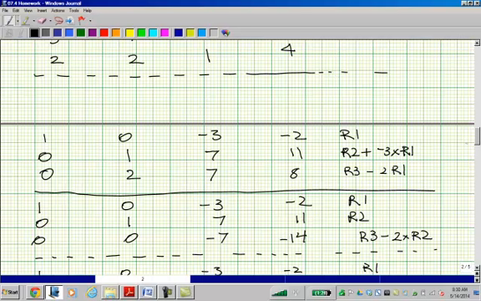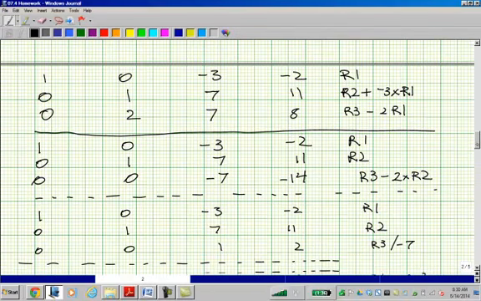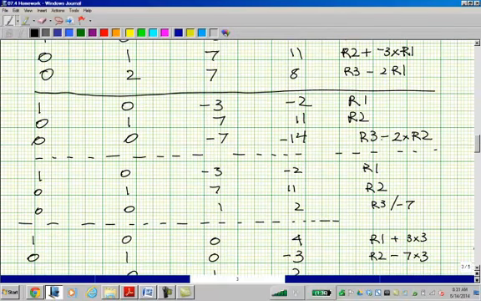Next, my next move is always, I want to end at this level with z effectively being solved. So I just take R1 and R2 from the rows above. But I'm going to take R3 minus 2R2, and that zeroes out the 2 here.